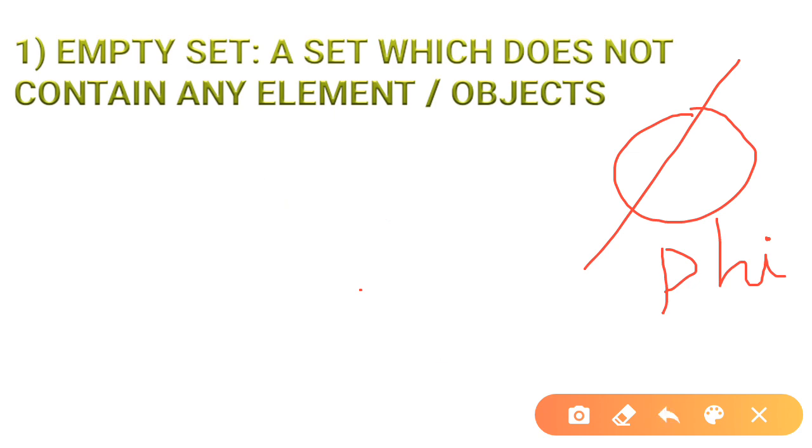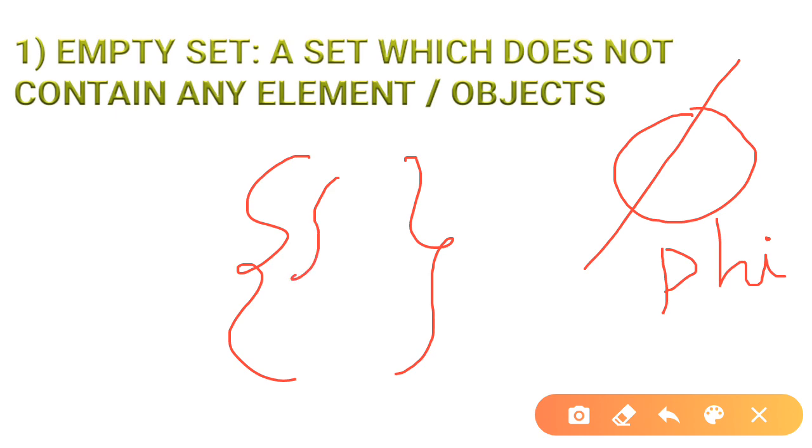So empty set means there is nothing in the curly brackets, not even one mark appears. No brackets, numbers, or anything, not even a single dot or point, is put in that curly bracket.